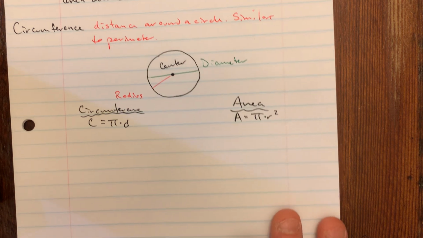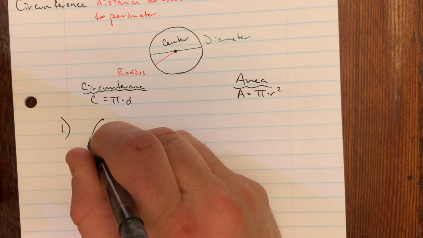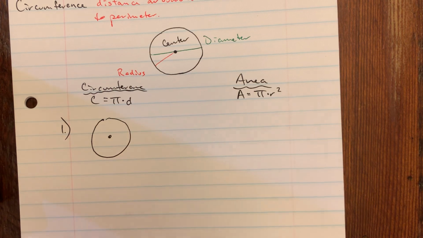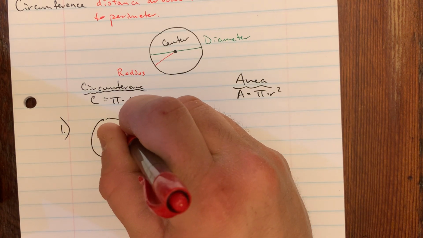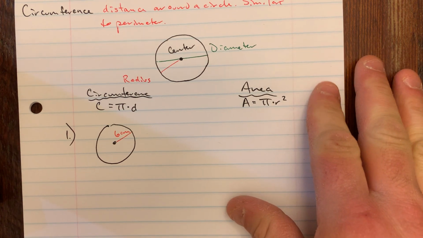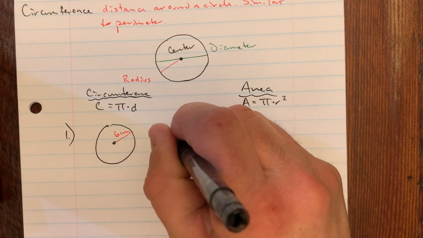Okay, so let's do an example here. I'm going to give you a circle. All right, let's say that information is 6 centimeters. So our radius here is 6 centimeters. So let's start off with finding the circumference first.